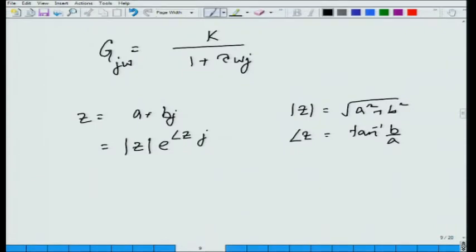How are they equivalent? Well, you just put these expressions in there, and then what you will find.